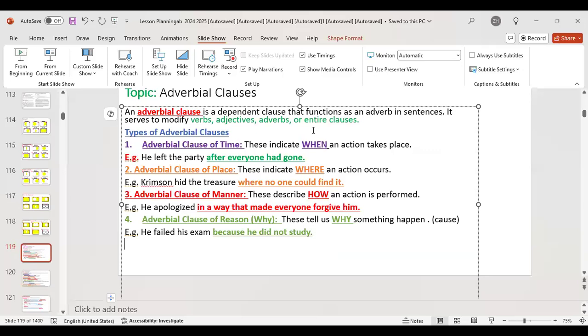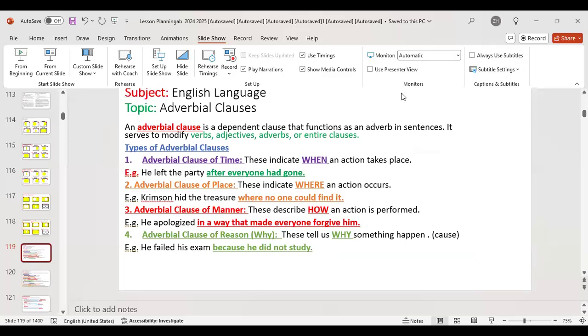Okay, so if we have when, where, how, and why, then what is another adverbial clause we could have? The adverbial clause of what? So we have the adverbial clause of time, place, manner, reason. The fifth one is going to be what?